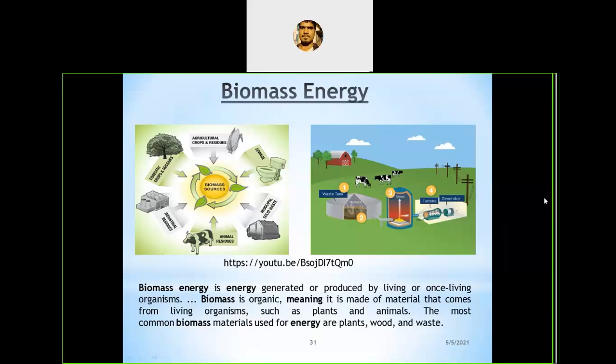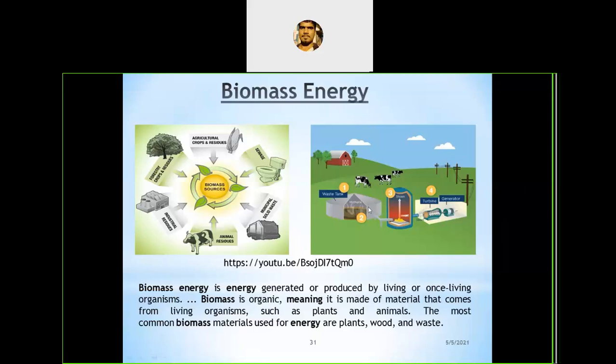The main sources for biogas are sewage, crop residues, agricultural waste, vegetable and kitchen waste, poultry droppings, algae, and whatever other animal waste. From this, we can extract biogas.